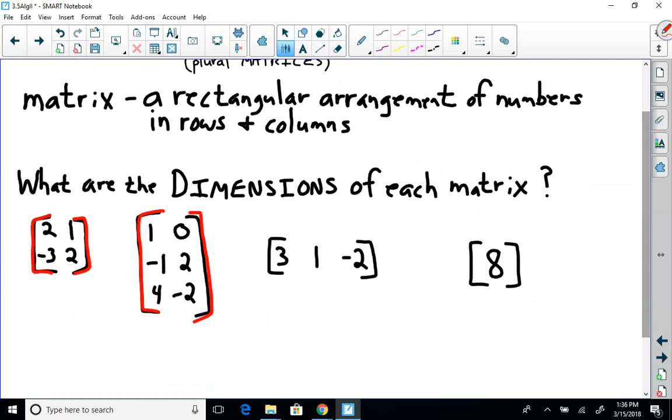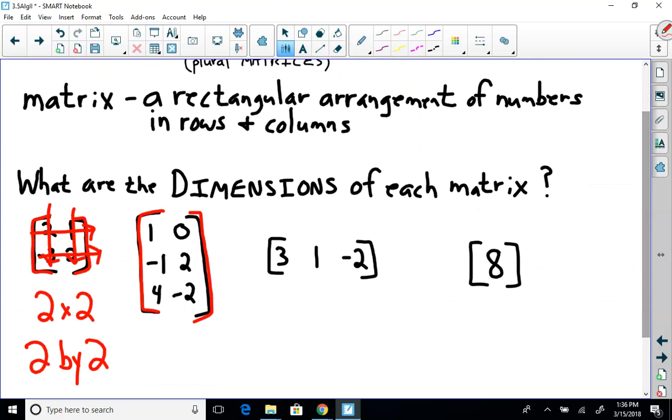And so in our first example here on the left, you can see this has 2 rows, and it has 2 columns. Therefore, it's a 2 by 2 matrix. If one wishes to, you can write the word "by", but it's more commonly done with an X, 2 by 2.